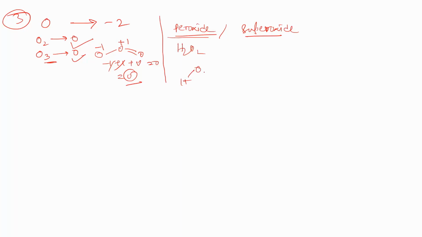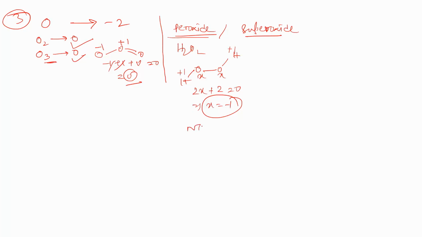We know that the structure is like that. So what will be the oxidation state of the oxygen here? We know that hydrogen has the +1 oxidation state. Suppose this oxygen is x, this is x. So 2x plus 2 equals 0, so x equals -1. So for the peroxide case, oxygen gives the -1 oxidation state.